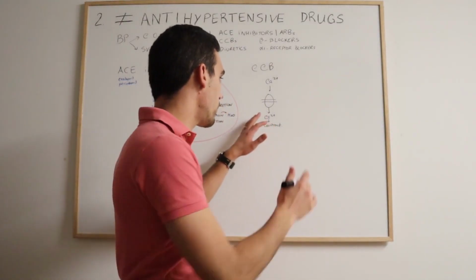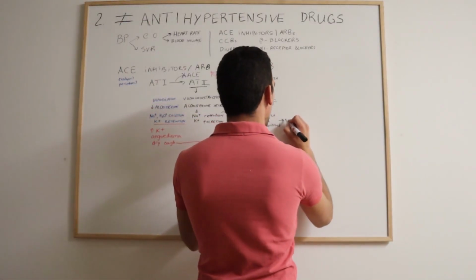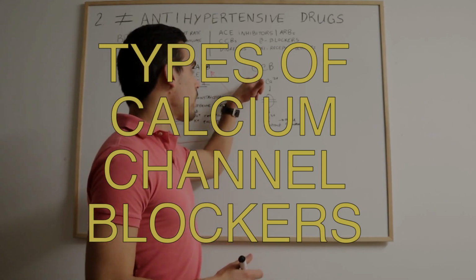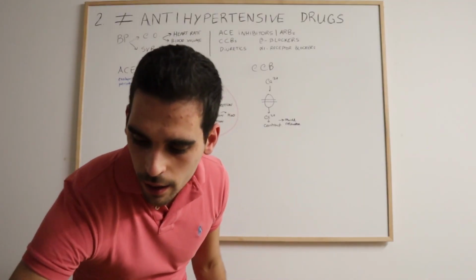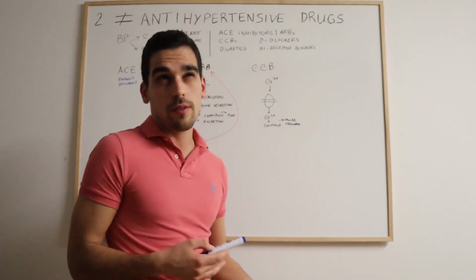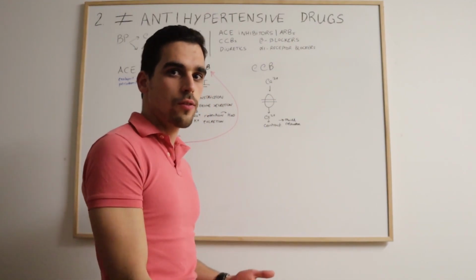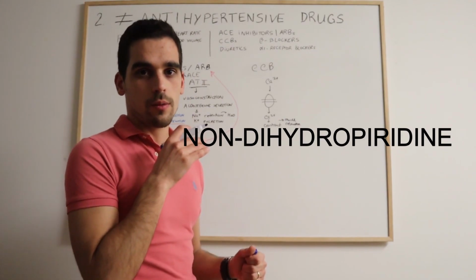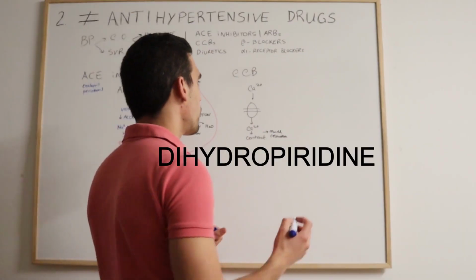It blocks all this process, so there is muscle relaxation. There are different types of calcium channel blockers, and they can have their specificity for different tissues. So we have non-dihydropyridine calcium channel blockers and dihydropyridine calcium channel blockers.